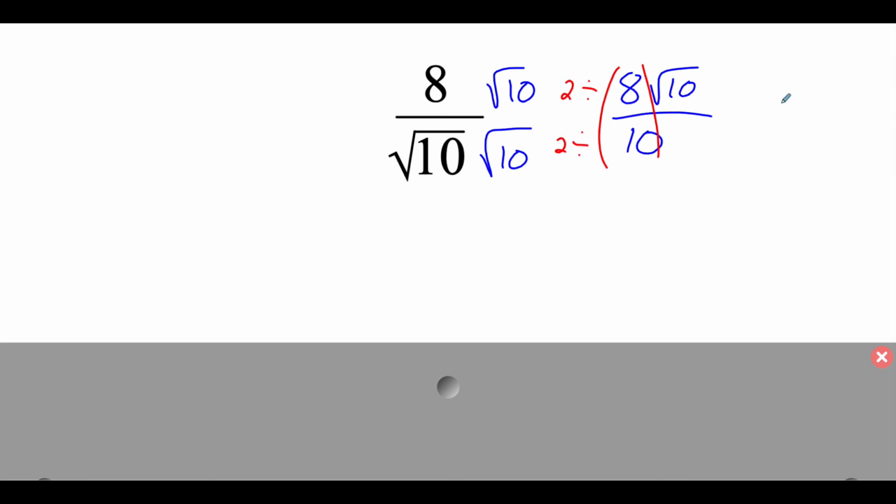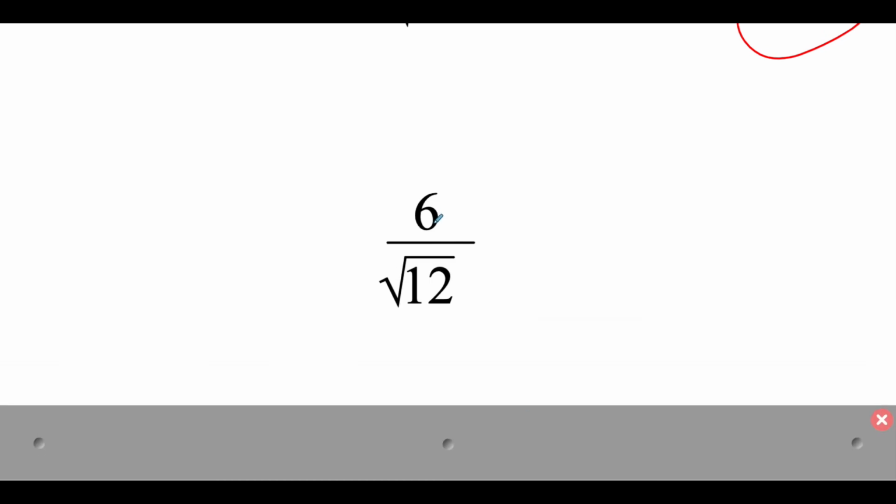So 8 divided by 2 is 4. 10 divided by 2 is 5, but I still have that square root of 10 on the top of my fraction. I didn't do anything with that. So this is going to be my final answer this time. 4 square root of 10 over 5.